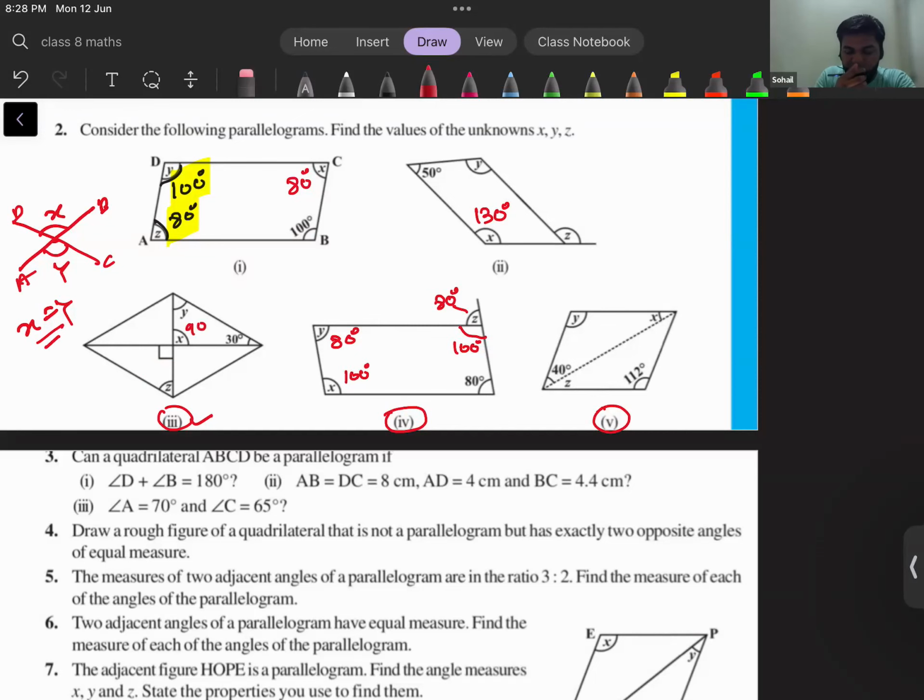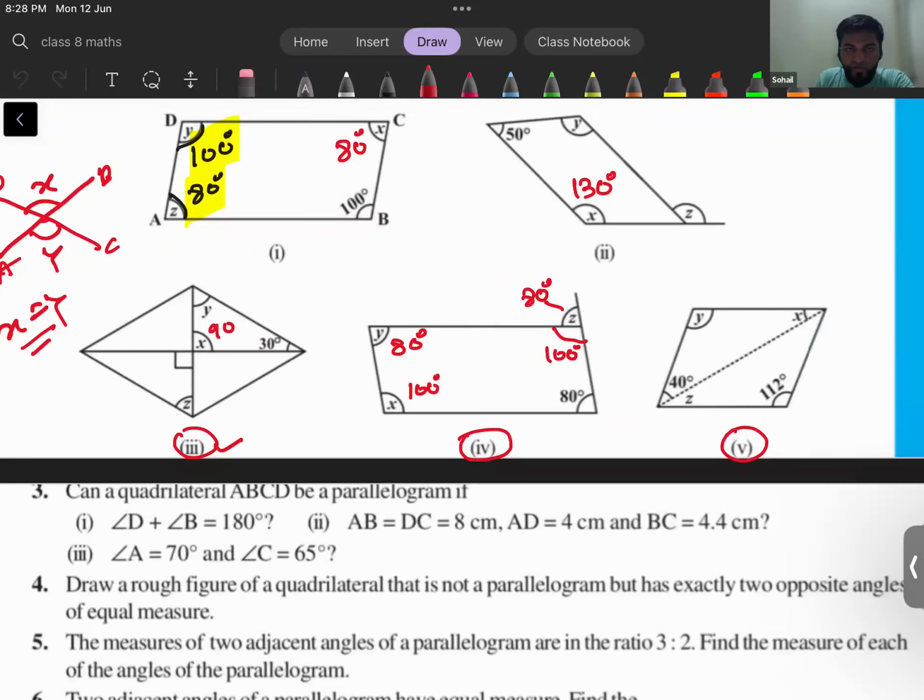Now in a triangle, we know that the sum of all the angles is how much? 180. Okay, so 90 plus 30 plus Y equals 180. So Y is how much here? No, Arhan, that is wrong.